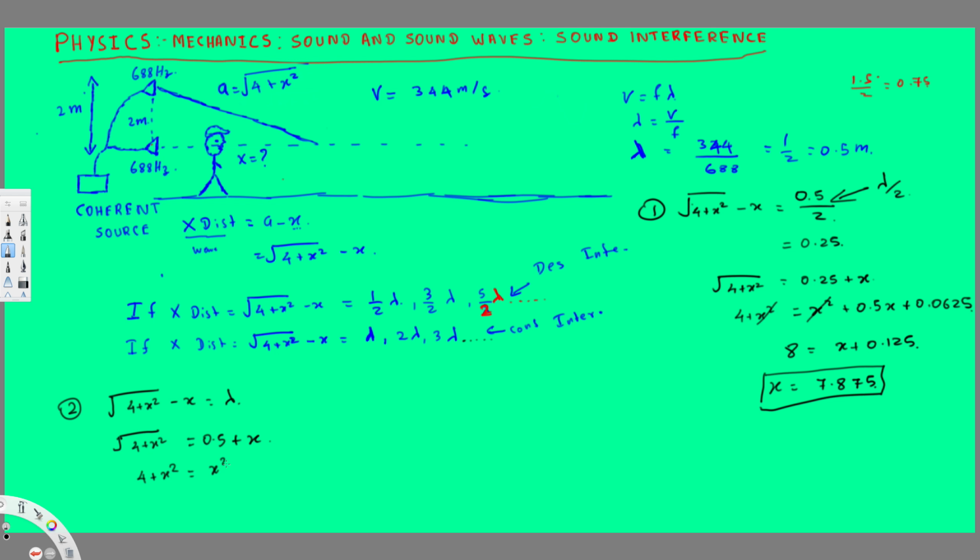This is going to be x square, double this one, so that's 1x, right? Then 0.5 square, that's going to be 0.25. X square cancels. Then I can simply subtract, so x is going to be equal to 3.75 meters. So this is the location where this person is going to hear the sound that's double. So that's how we calculate.